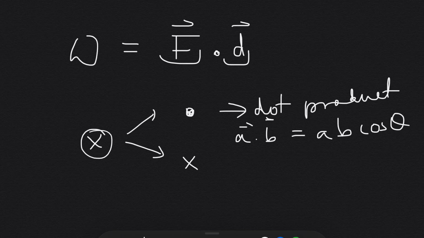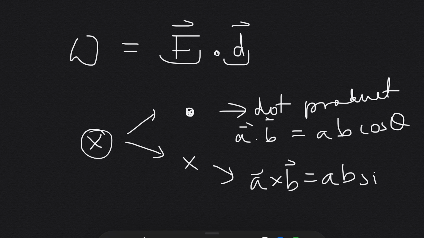That's what the dot product means. The cross product is entirely the opposite. It's A cross B equals AB sine theta. It has to do with how perpendicular A and B are to each other. The more perpendicular they are, the greater this value AB sine theta would be.